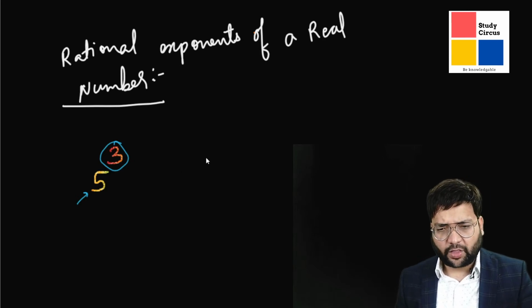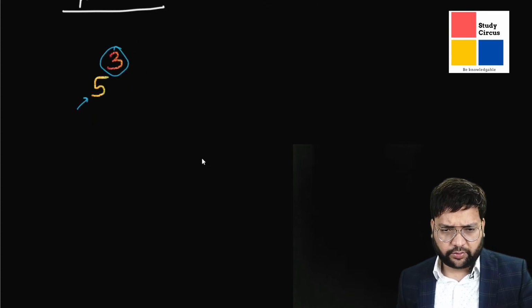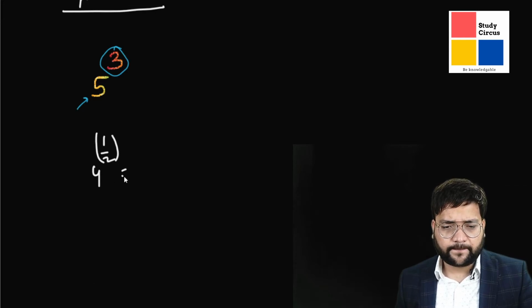So what is the root? For example, for 4, the square root is 4 to the power 1 by 2. 1 by 2th root of 4, that is 2, is the same as the square root of 4.